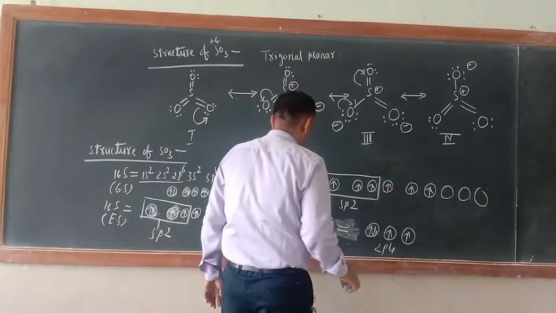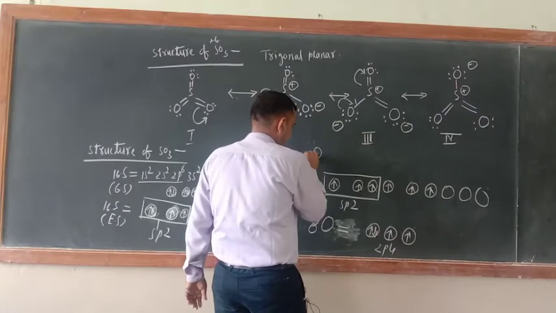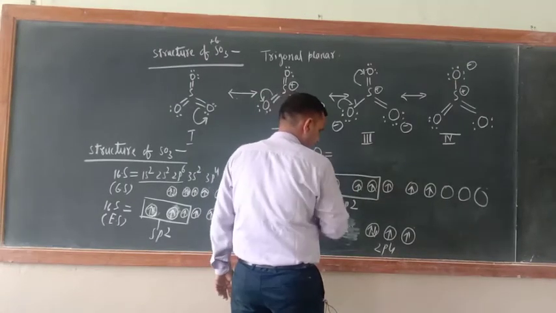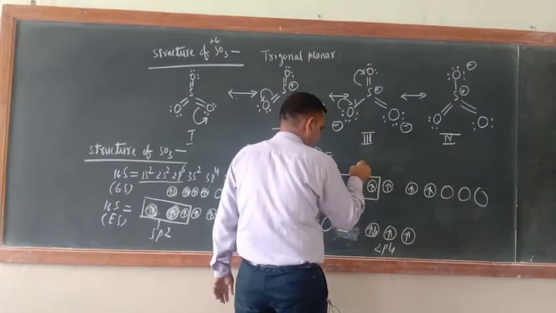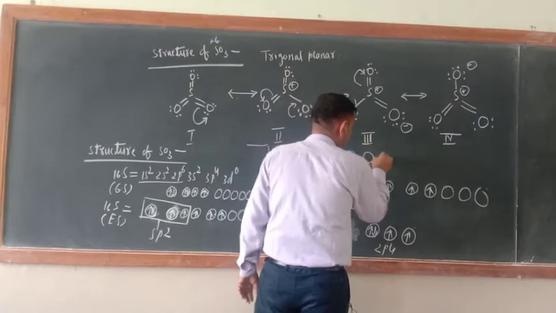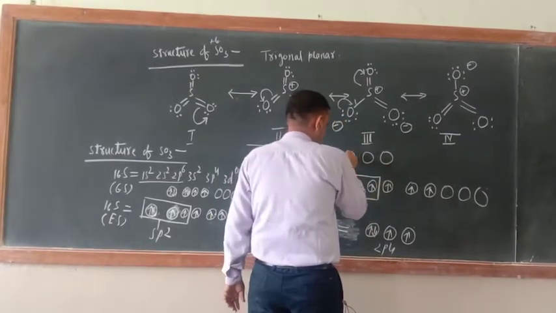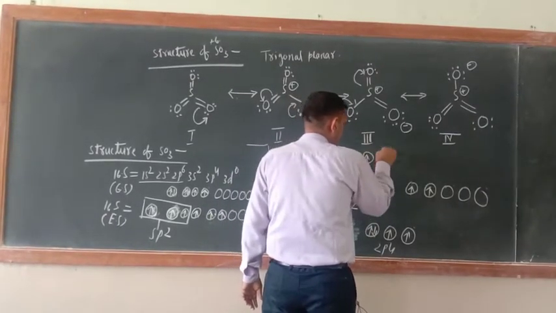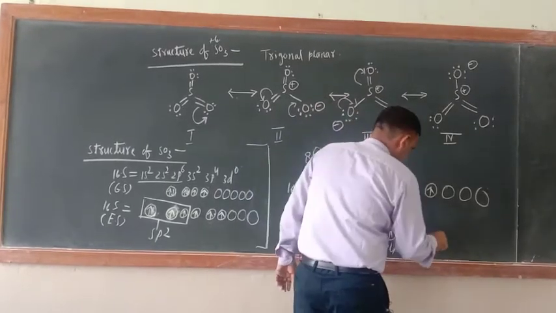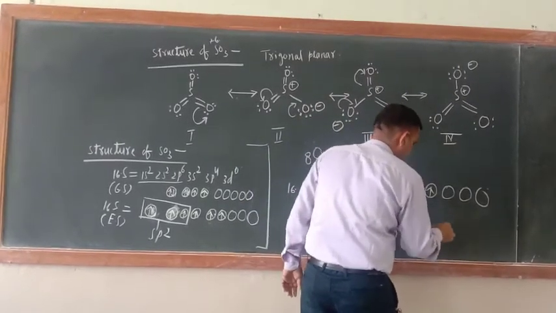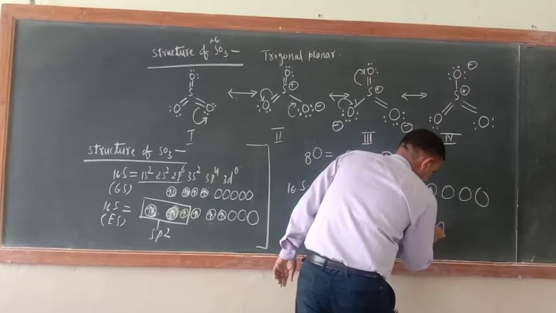Now here also, oxygen 8. Here also just write 1, 2, 3. Write one more oxygen, oxygen 8.